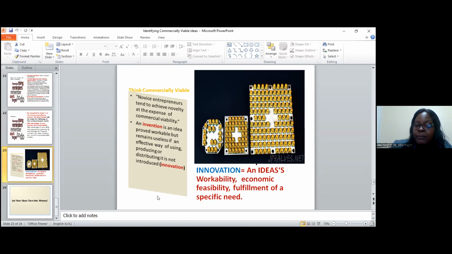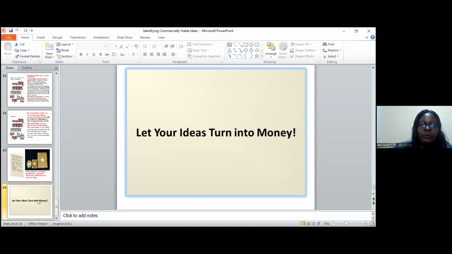Is your idea workable? Economic feasibility and fulfillment of a special need. If your idea meets some of those, then it is on the way to being functional and profitable. So let your ideas turn into money. Do you agree? Let your ideas turn into money.